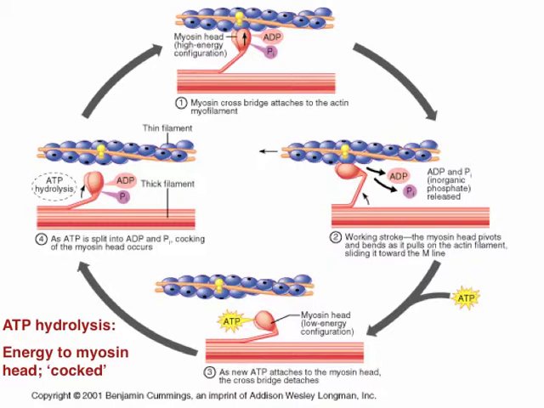So in the working stroke, ADP and inorganic phosphate are released, the myosin head pivots, then from step 2 to step 3, ATP comes in and binds to the myosin head. Again, when ATP binds to the myosin head, that allows the myosin head to release from actin. So you need ATP present so that the myosin head can release from actin.